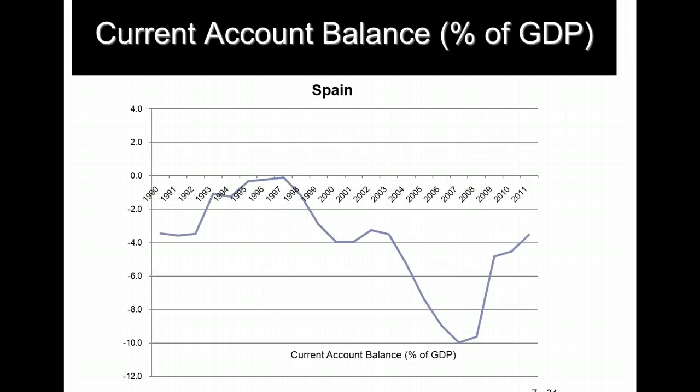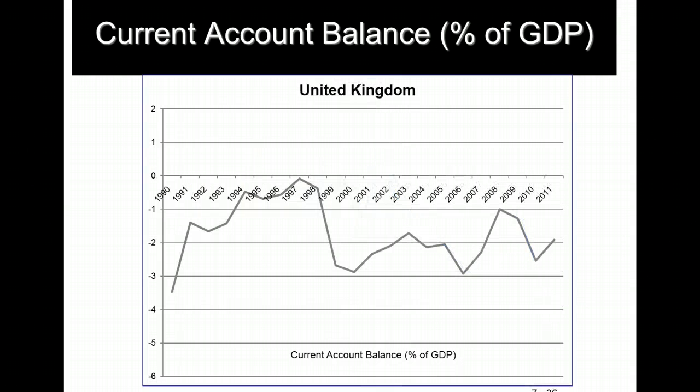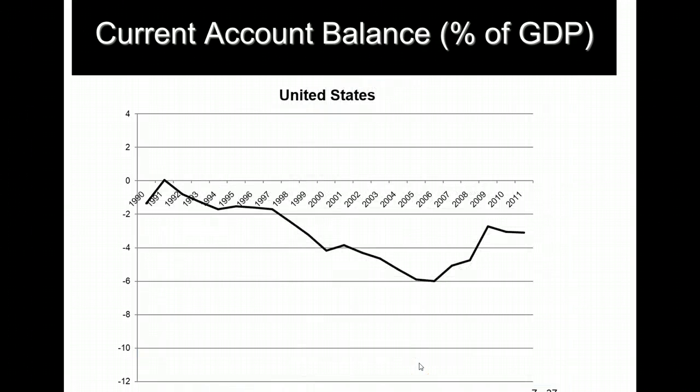And Spain, rather large trade deficits, which have shrunk somewhat since the big recession we had in 2008. Turkey, I can't explain this. This is a huge increase in trade deficits. UK, trade deficits. And what we're going to do after this, we're going to talk more about this in a second.